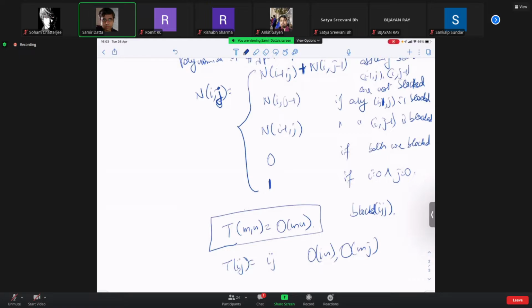Correct? If you're picking row by row, you would take this time, correct? If you do it in column order, then you would complete one column, that would take order n time, and therefore, no, what am I saying?